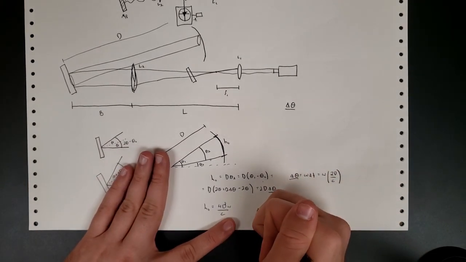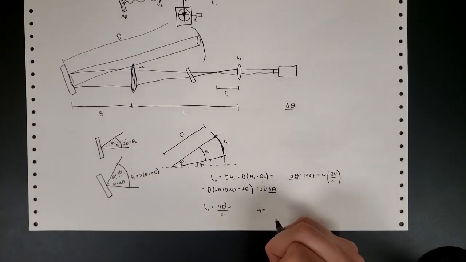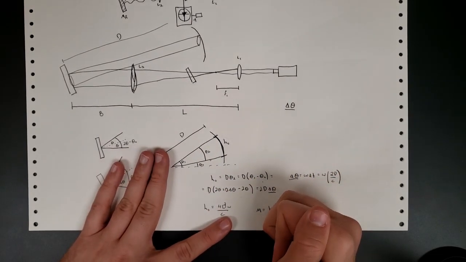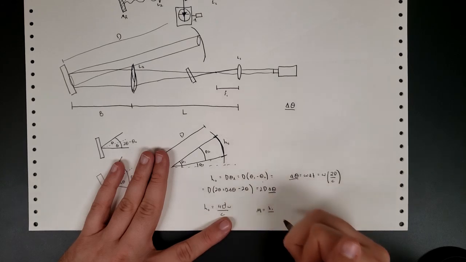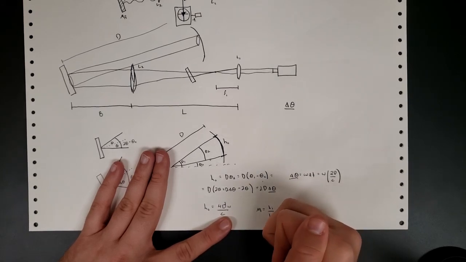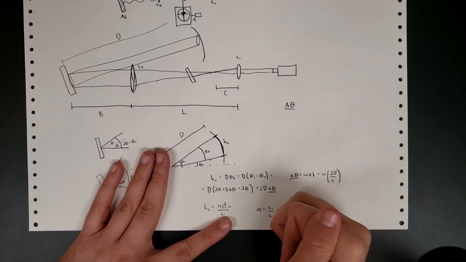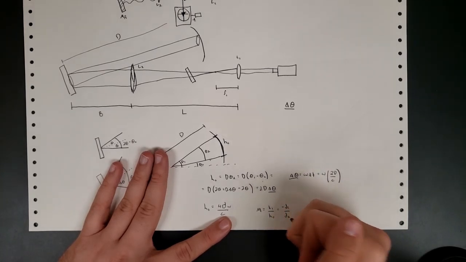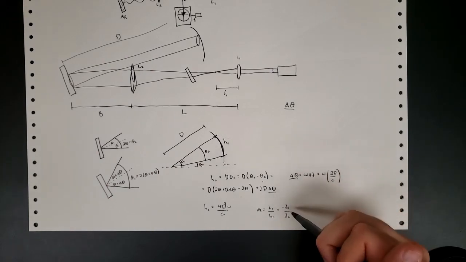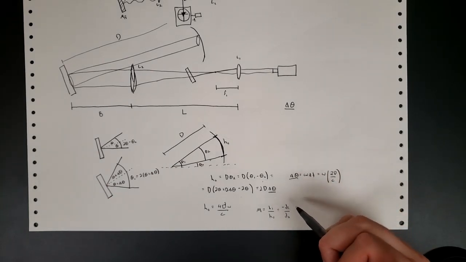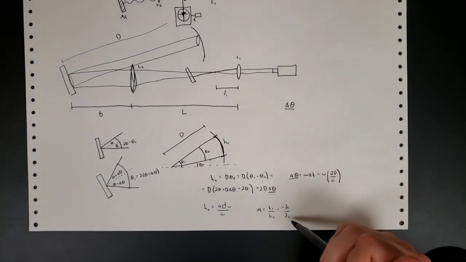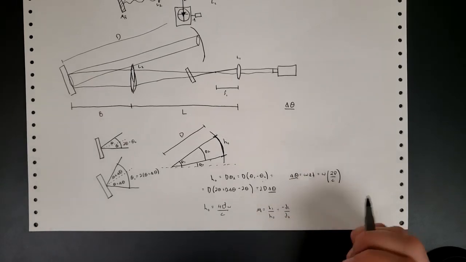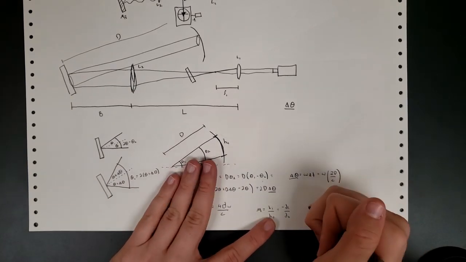The magnification using this thin lens setup is equal to the image height divided by the object height, which also equals the negative of di over do, where di is the distance from the image to L2, and do is the distance from the object to the lens L2.